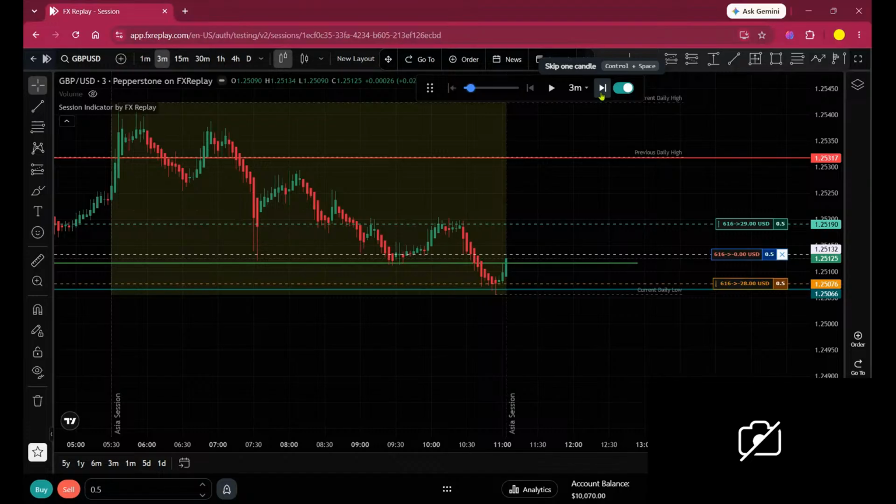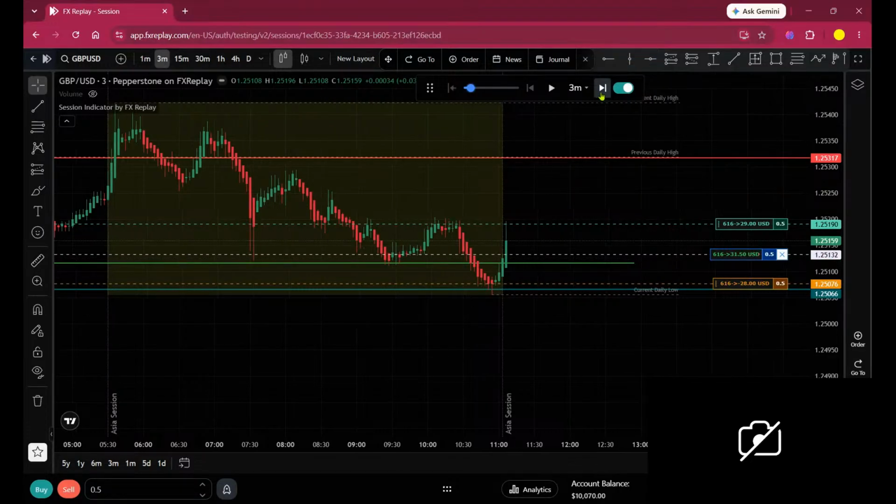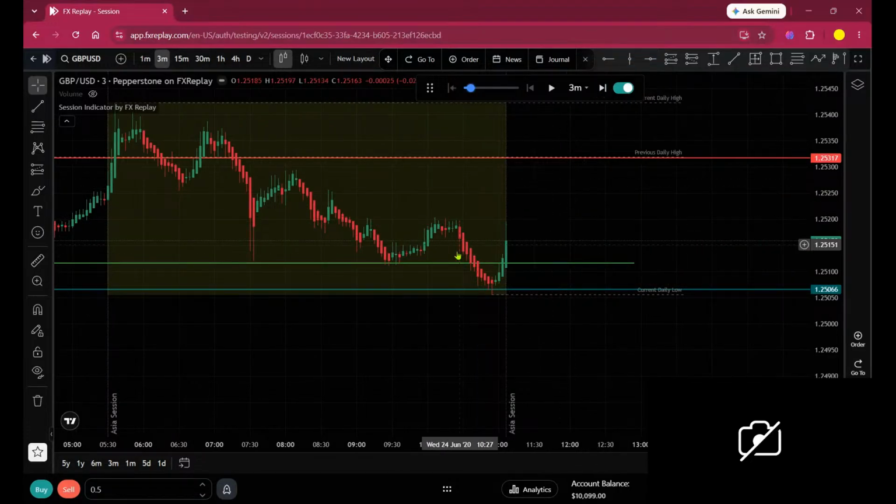So it satisfies our criteria, right? And see, within one candle it gave the target.